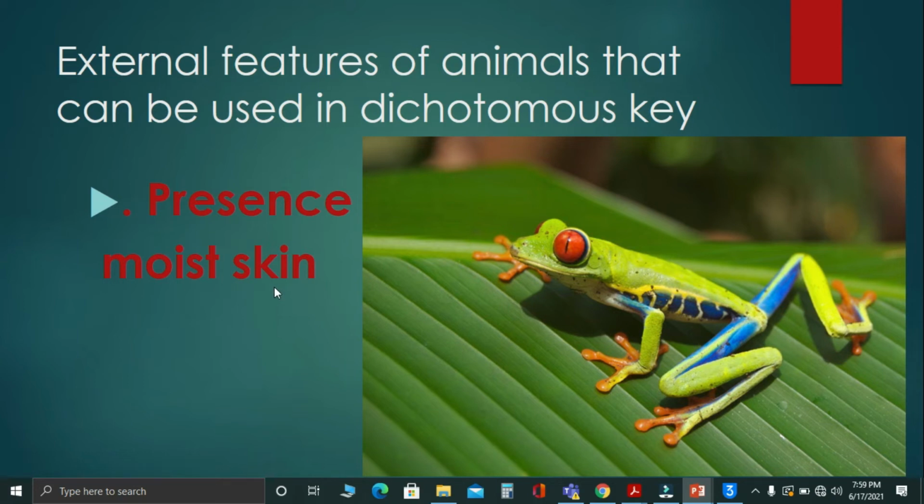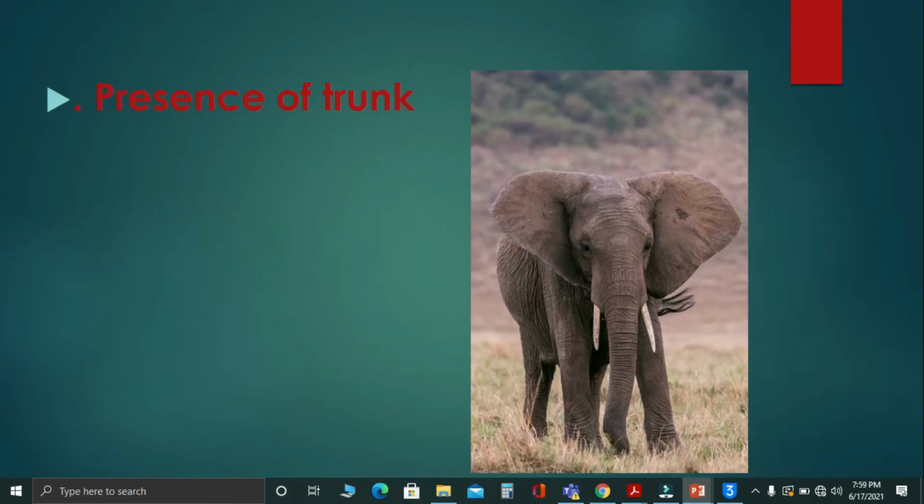Actually, here it is good to use external features that can be separated easily from the others. We can use skin types also. These organisms have moist skin. We can use that one.